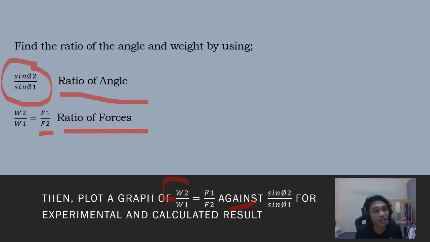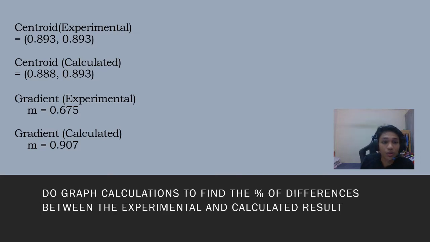So in this section, we have to create two graphs, one for the experimental and one for the calculated result. After that, we do the graph calculation. The graph calculation contains the centroid of the experimental result, the centroid of the calculated results, the gradient of the experimental result, and the gradient of the calculated results.